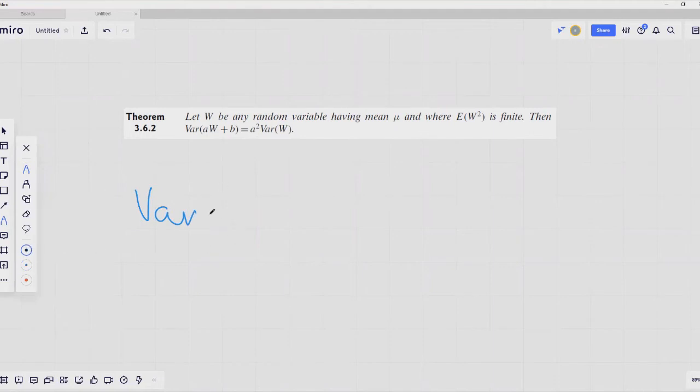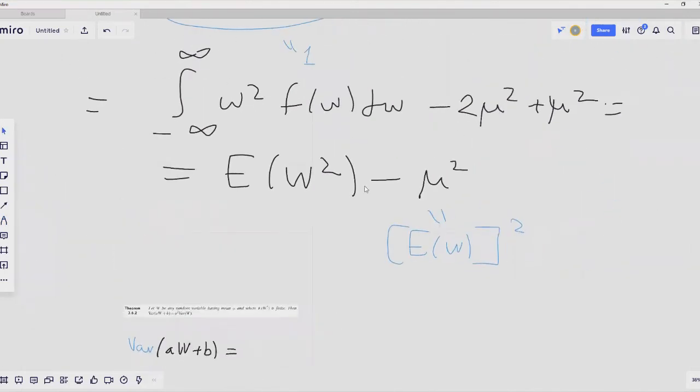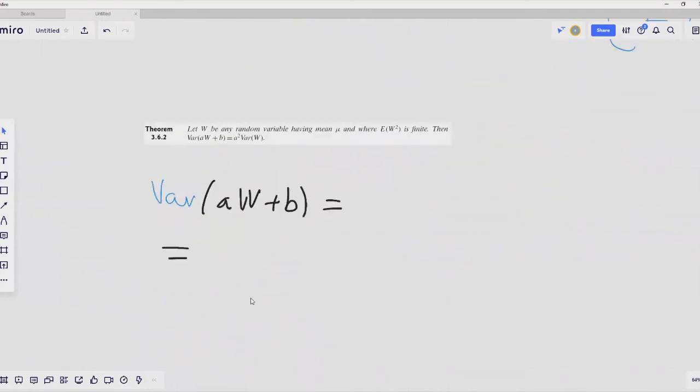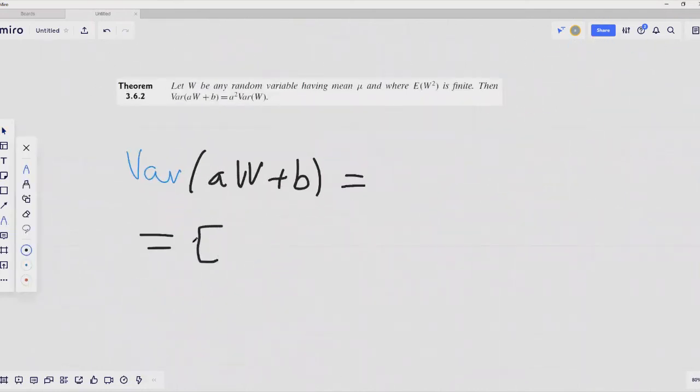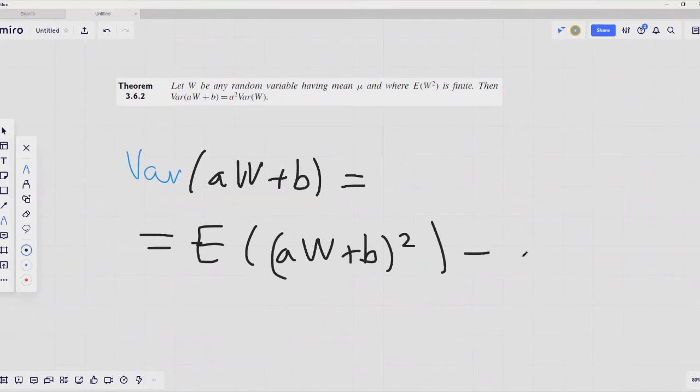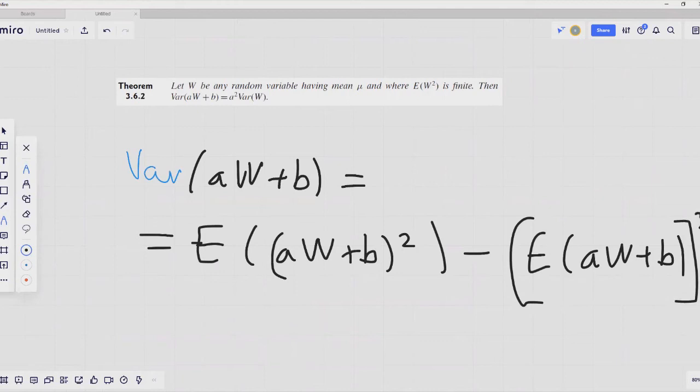The variance of A omega plus B is defined as, using our newly obtained formula here, the expected value of (A omega plus B) squared minus the squared expectation of A omega plus B.